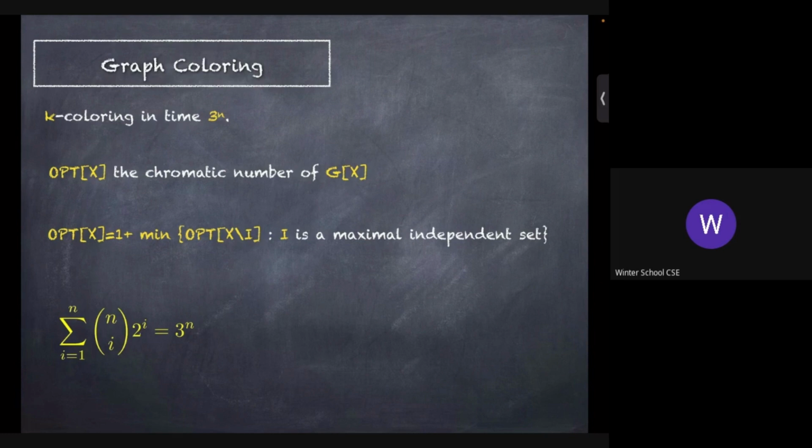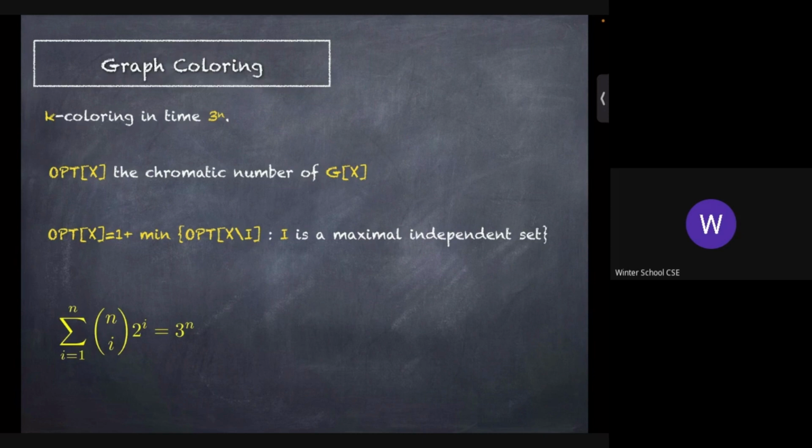If you play a little bit, even with branching type of arguments, you will see immediately that if you have a graph on n vertices, the number of maximal independent sets in this graph is much less than 2 to the n. Actually, it's 3 to the n over 3 at most. So this will give you immediately something better than 3 to the n.